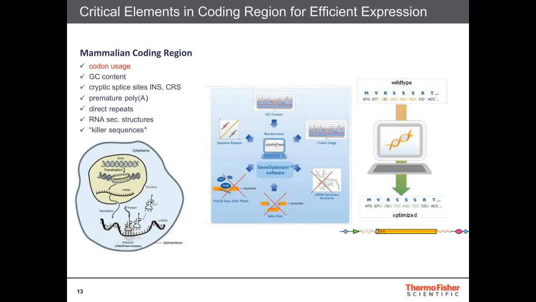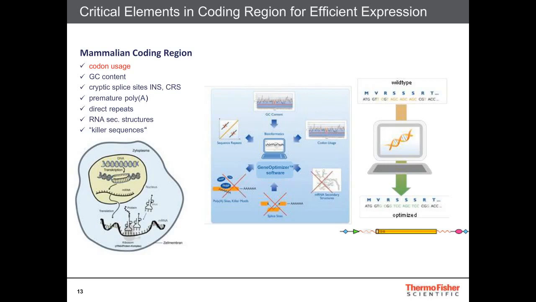When I talk about optimization, I already mentioned that our optimization approach is not a simple codon usage optimization, which we talked about before, but rather an RNA optimization. So in addition to codon usage, we also deal with GC content in order to increase genetic stability, and this also promotes nuclear export of your mRNA to the cytoplasm.